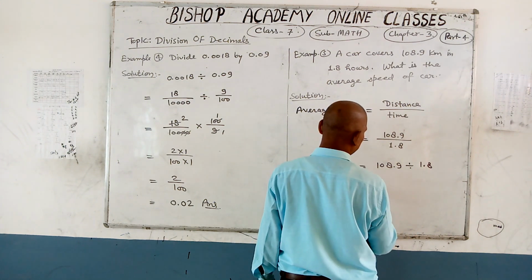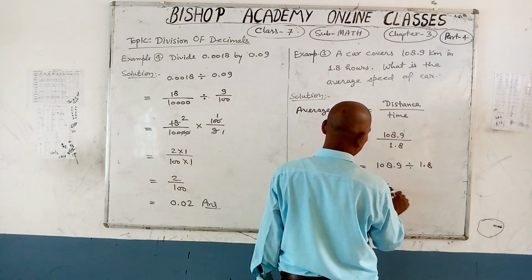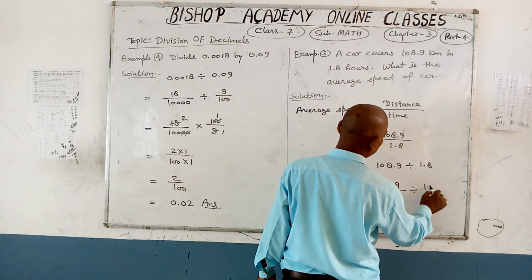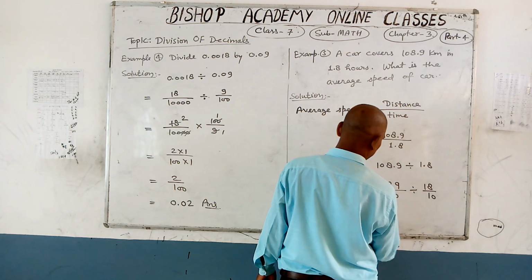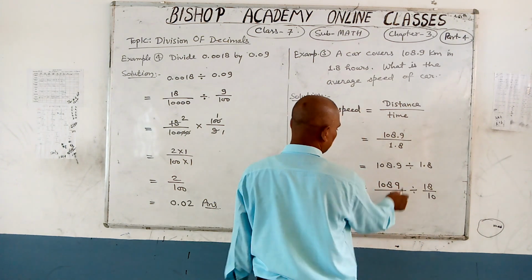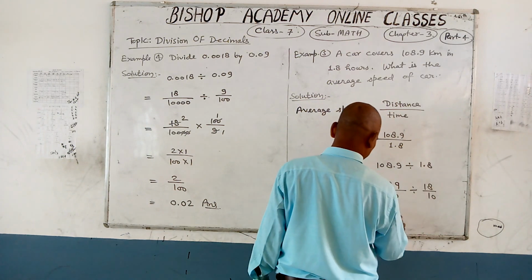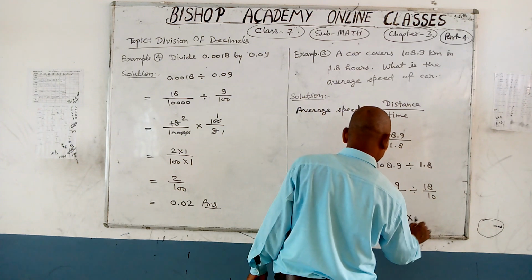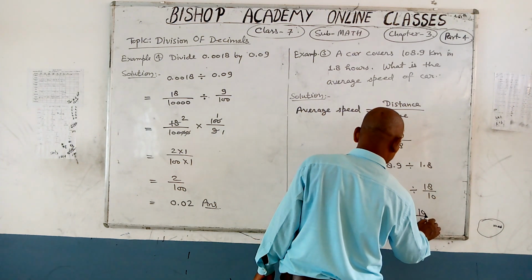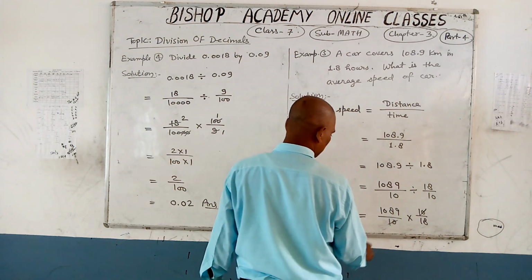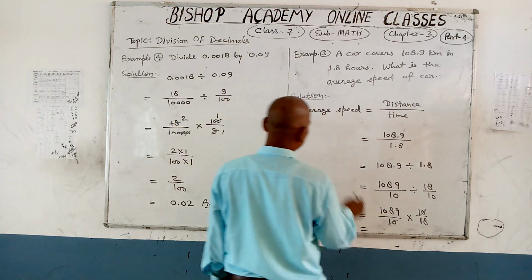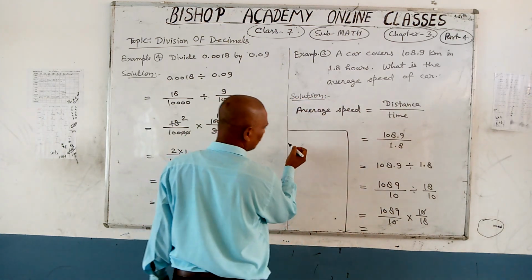Change both dividend and divisor into fractions. 108.9 is 1089 upon 10 divided by 18 upon 10. Now divide this fraction by this fraction. You know the rule. 1089 upon 10 multiply 10 upon 18. 10 cancels by 10, and divide this 1089 by 18 to find the final result.